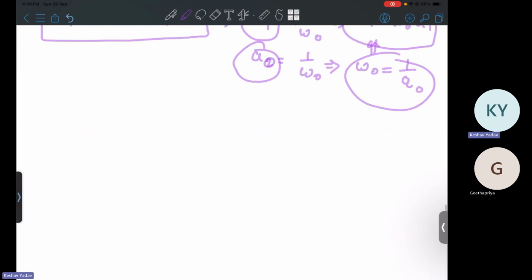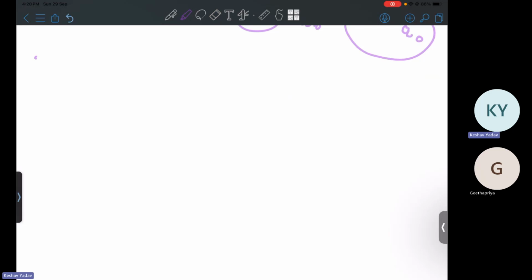So here we have some X, we have some Y. We need to find this X1, which will be 1 upon X, and this Y1, which will be equal to 1 upon Y. Then we need to find X1 square, then X1 Y1.